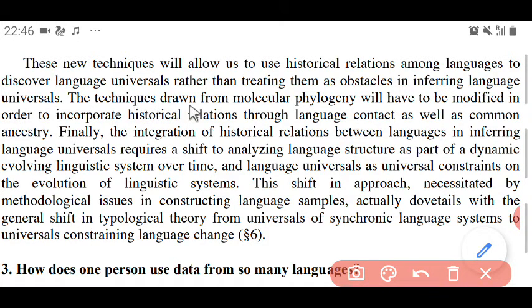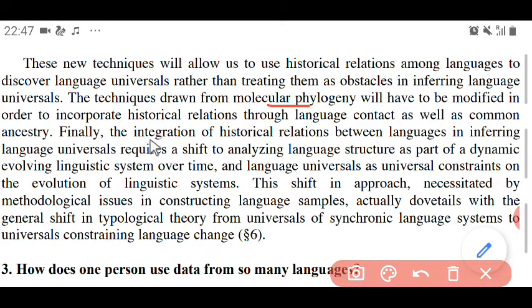The techniques drawn from molecular phylogeny will have to be modified in order to incorporate historical relations through language contact as well as common ancestry.